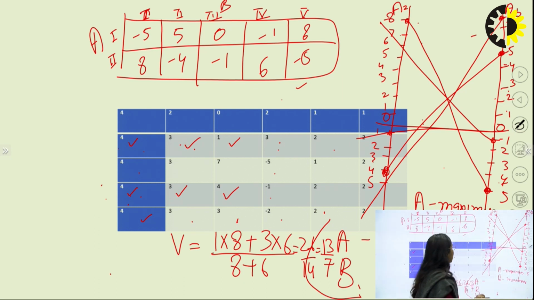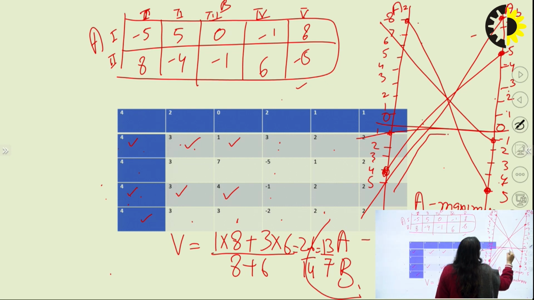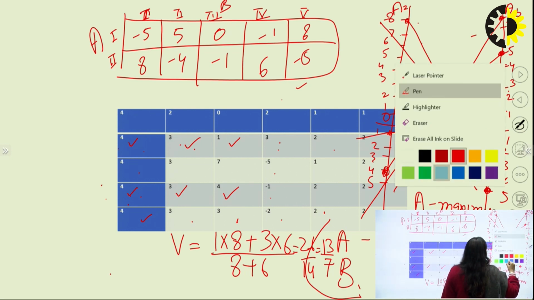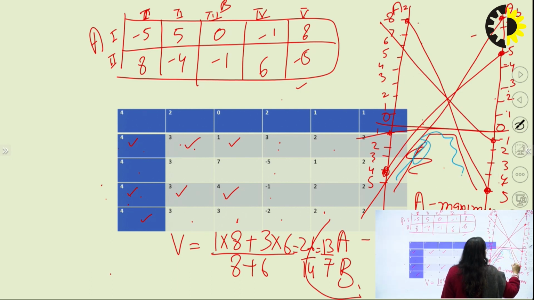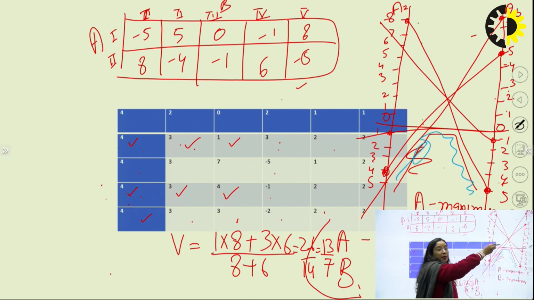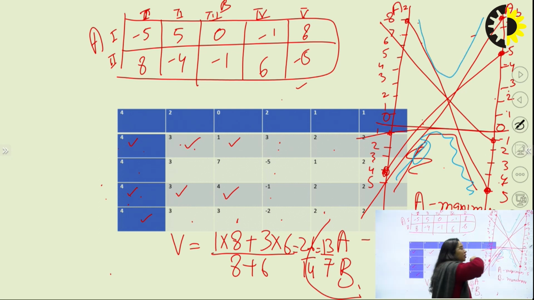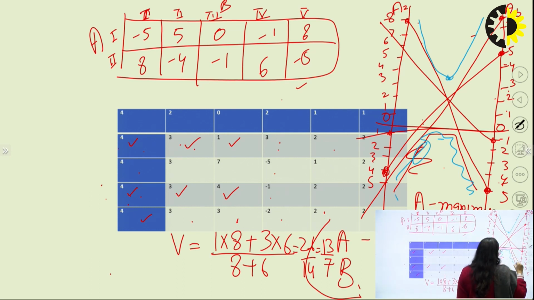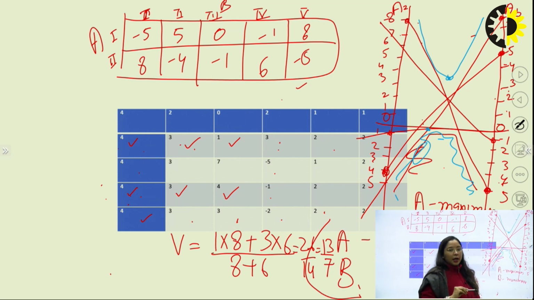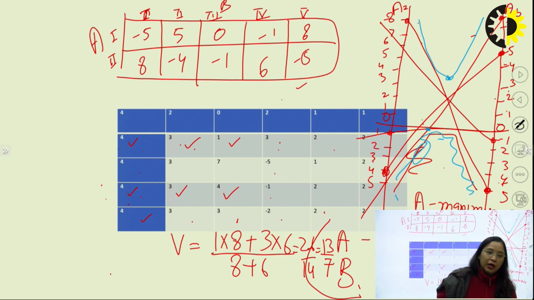Here, this is the minimum region. If it would be B, then we would have taken this, which will be the maximum region, and we will take the minimum point. And this is the minimum region, we will take the maximum point. After that, the two lines which are creating the maximum point will be considered for further evaluation.